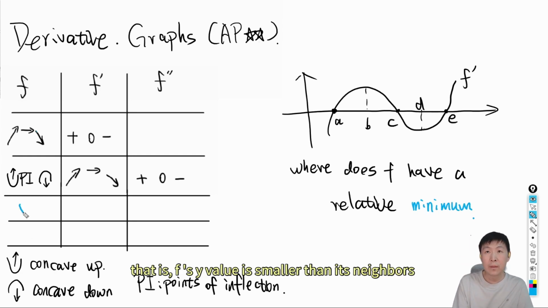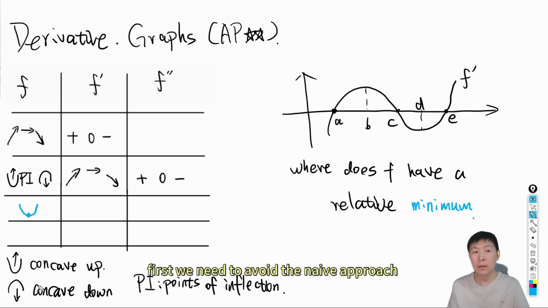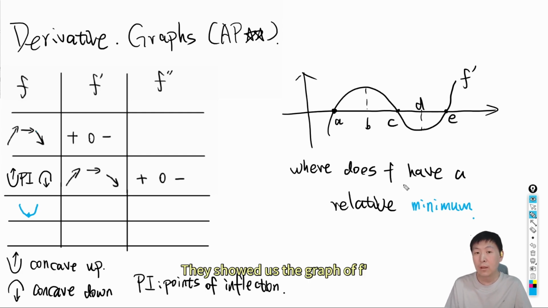That is, a y value smaller than its neighbors. First, we need to avoid the naive approach: pick the lowest point we see. They showed us the graph of f prime, but asked about f, so D is clearly a distractor.